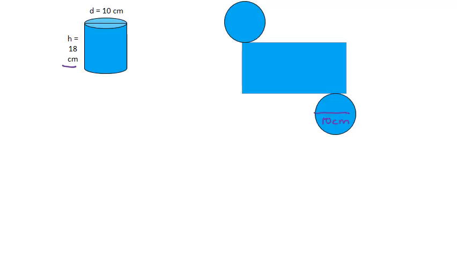All right, now this rectangle, it says here that the height of my cylinder is 18 centimeters, which means that on my rectangle here, the height of my rectangle will be 18 centimeters. The part that we're not sure of is this side length here. It's the width of the rectangle. Well, there's something very, very special about the relationship between this circle and the side length of this rectangle.